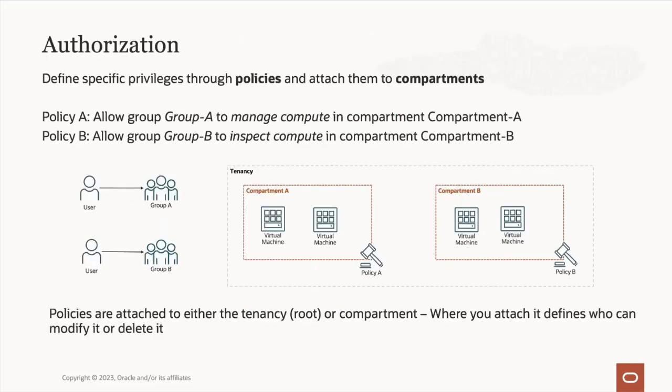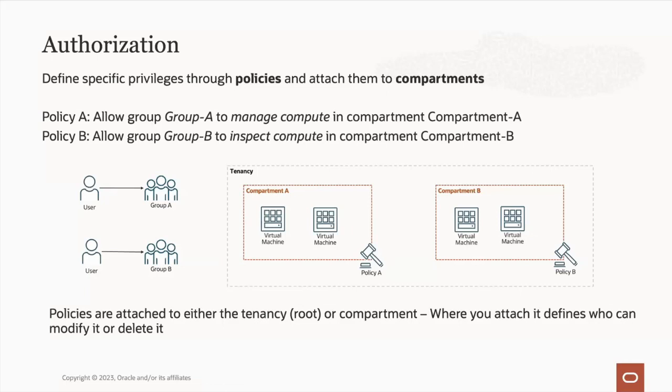Now, here is a simple, quick sample of the policies. I'm showcasing here a group called Group A to manage compute in the compartment A. Zoom in on the word manage. This is the key verb we have to use in writing the policies, and there are 4 verbs we use in OCI: inspect, read, use, and manage.